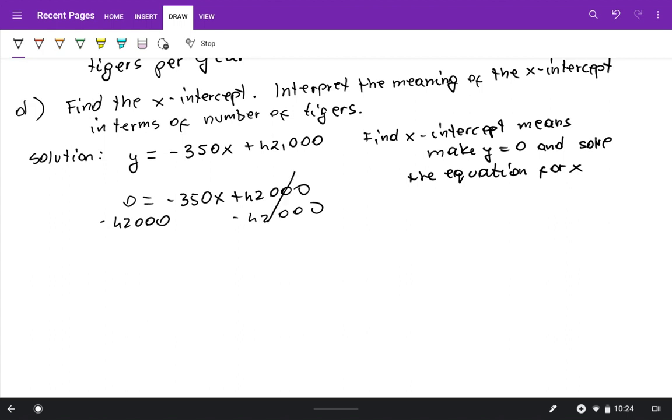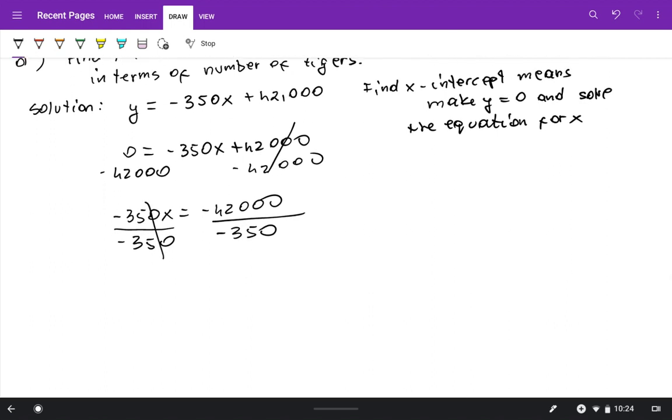So we have negative 350x equals negative 42,000, and divide each by negative 350. And that will give you that x is equal to 120. Okay, now let's interpret that x-intercept.